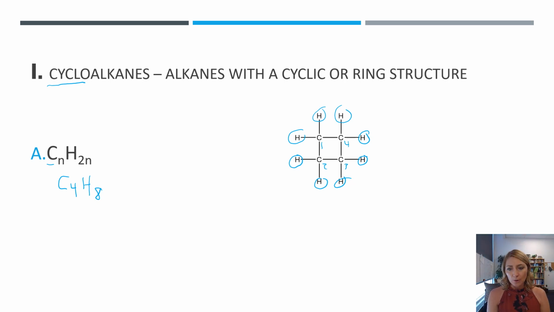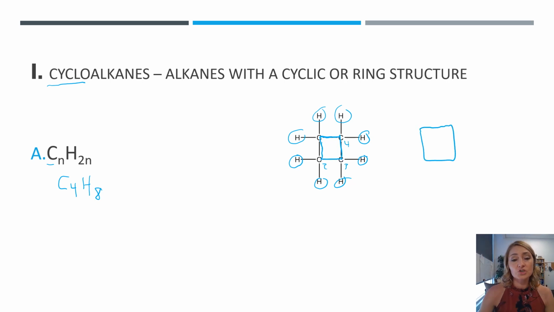Perfect. Now, as we have said before, we don't typically show a cyclic structure in a complete structural formula. We also don't show these in condensed structural formulas. Oftentimes we use skeletal formula for cyclics. So let's go ahead and simplify this. And remember, we just draw lines between carbons and connecting our carbons.